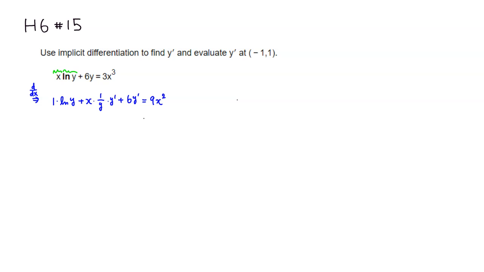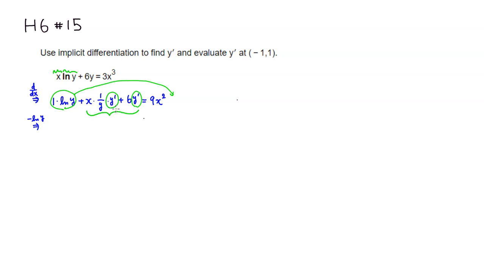First thing I would do is take natural log of y and bring it over to the other side, by subtracting natural log of y. At the same time, I'm going to combine these two terms by pulling out the common factor, y prime.